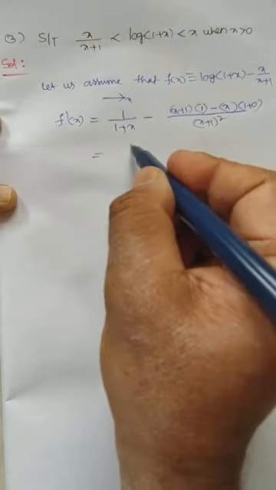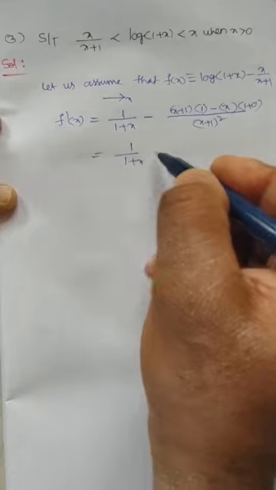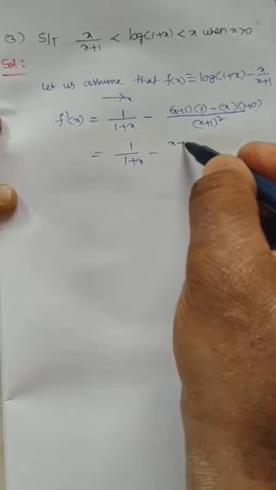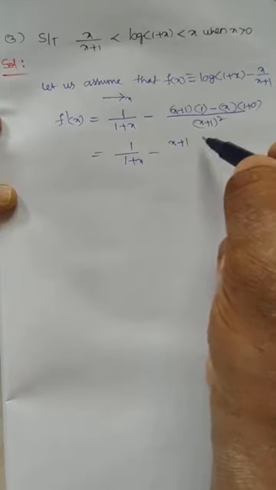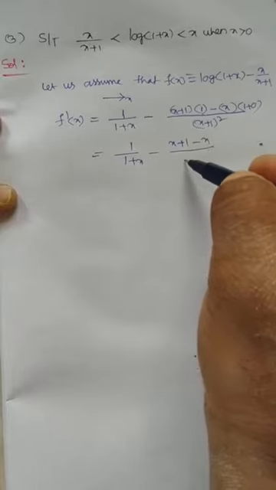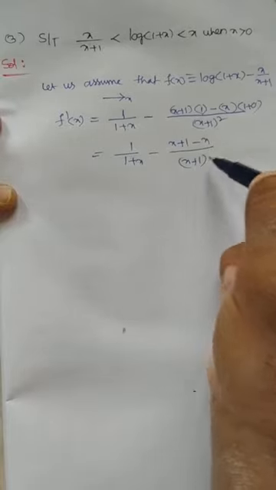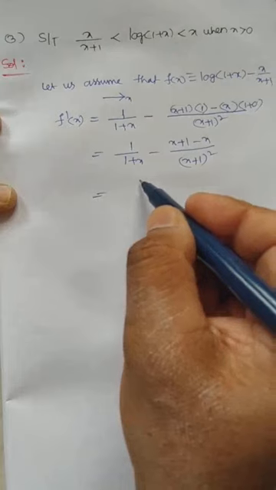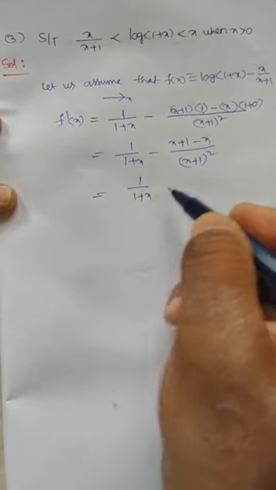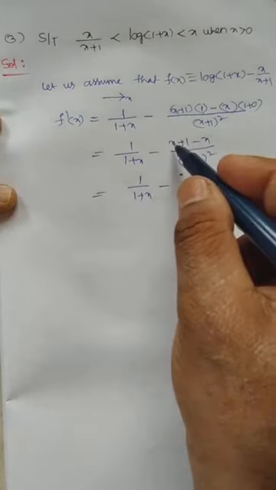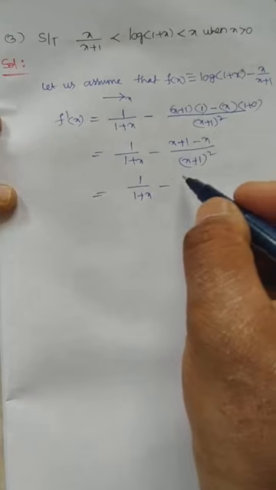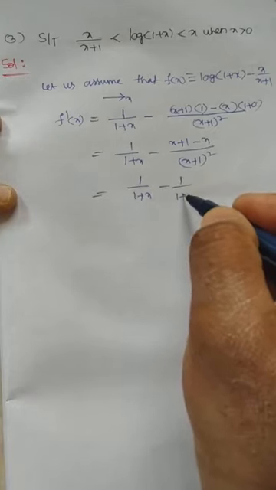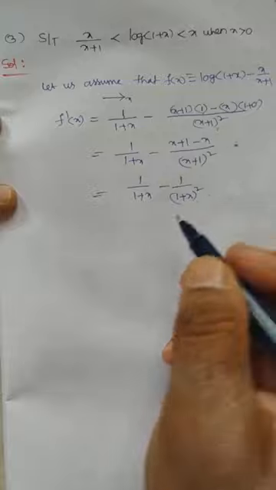So what I got is 1 by 1 plus x minus, x plus 1 minus x, we got here, over x plus 1 whole square. So 1 by 1 plus x minus, plus x minus x gets cancelled, 1 by 1 plus x whole square we got.